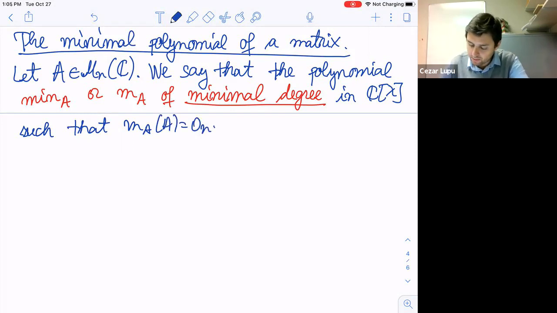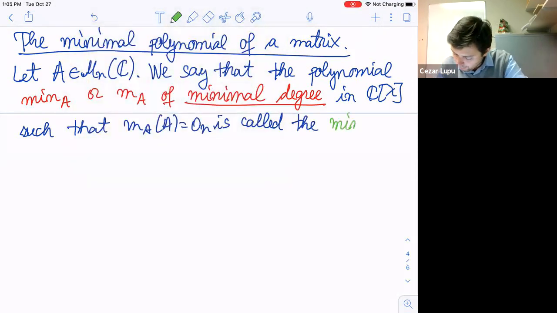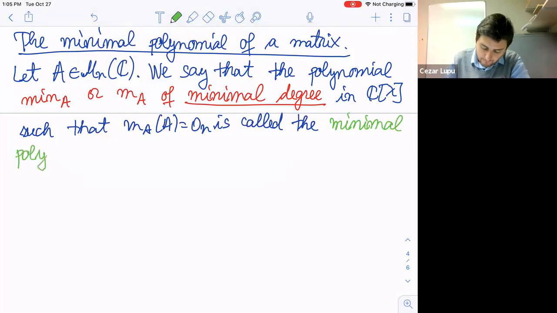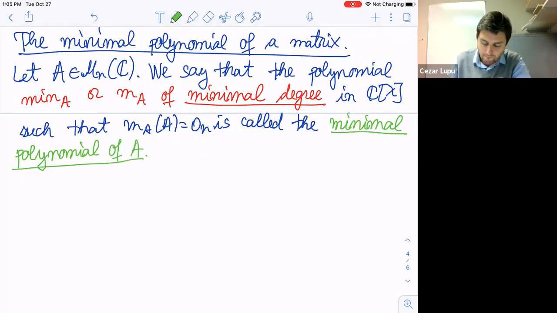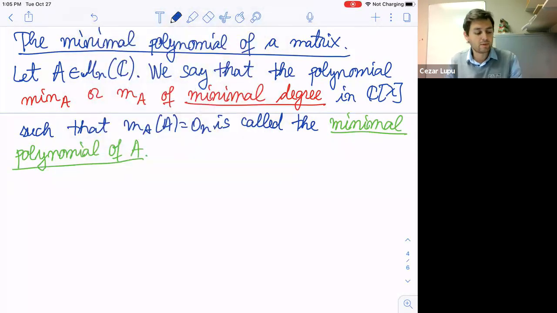So this is called the minimal polynomial of A. That's the definition. Well, we will see some properties about this.